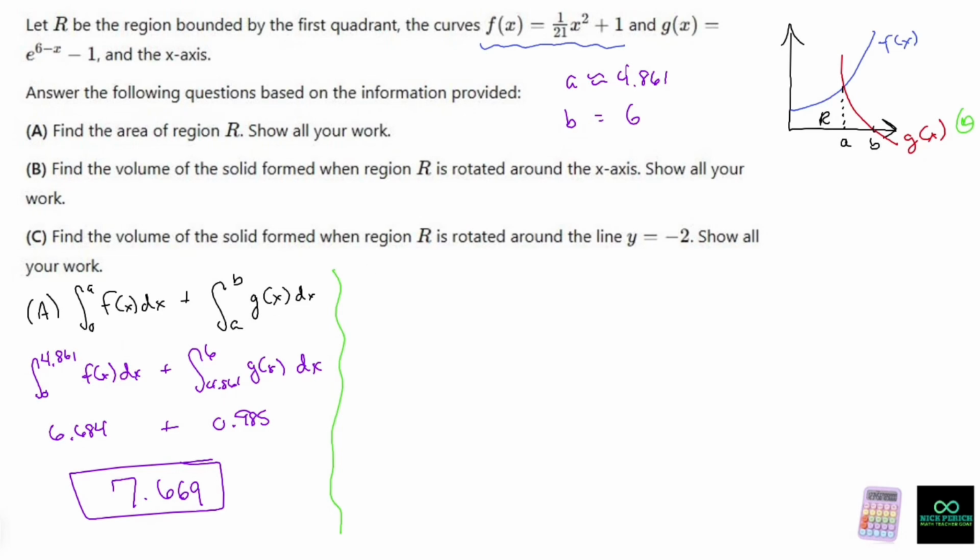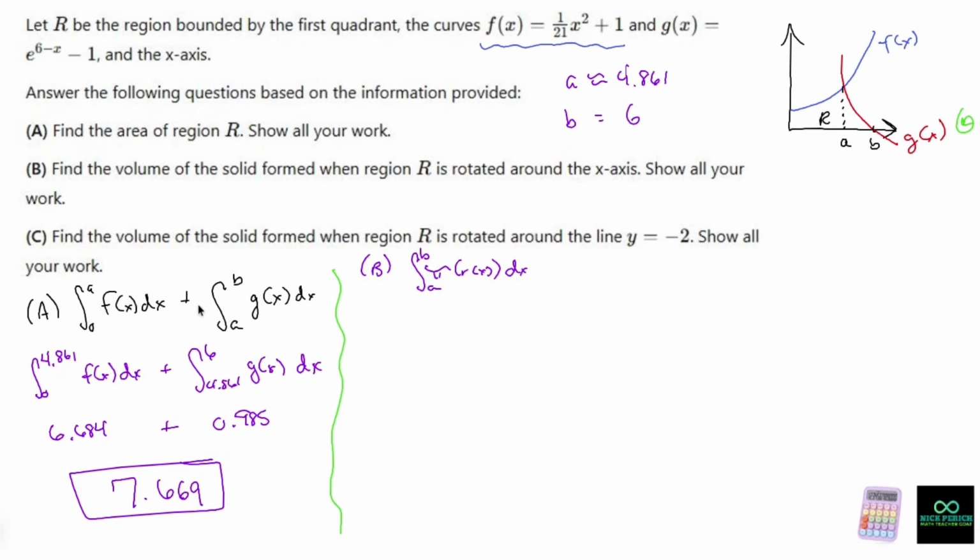Generally speaking, when you want to rotate a line around the x-axis to make a solid, the general formula, and this is for any line, so I'm not going to use f and g, I'll use r, is pi times r of x squared dx, and you use your limits.